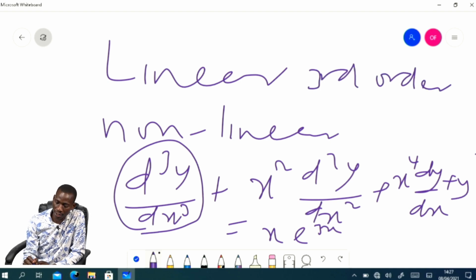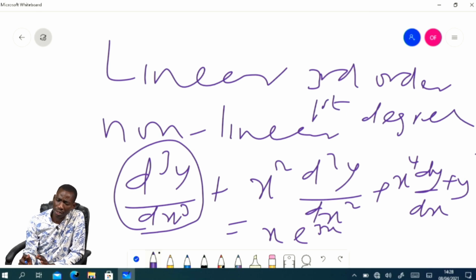It is first degree because the index here is 1. And looking through all the terms, there is nowhere y is multiplying a derivative, or where any derivative carries an index greater than 1. Hence, this equation is said to be linear.